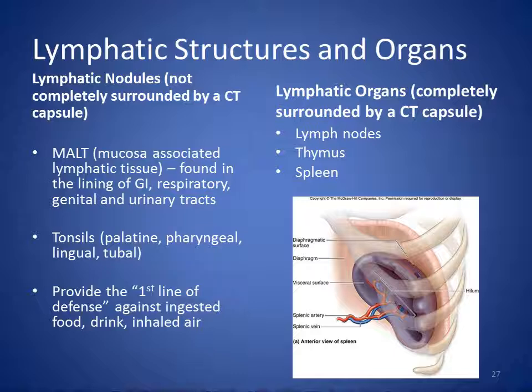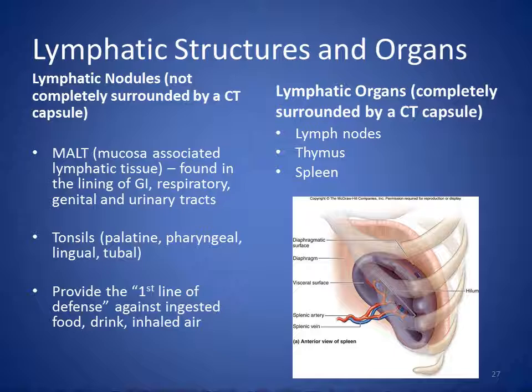Lymphatic nodules that are not completely surrounded by a connective tissue capsule include MALT, or mucosa-associated lymphatic tissue, typically found in the lining of the GI tract, the gastrointestinal tract, and the respiratory, genital, and urinary tracts.